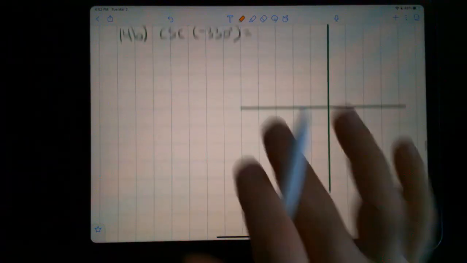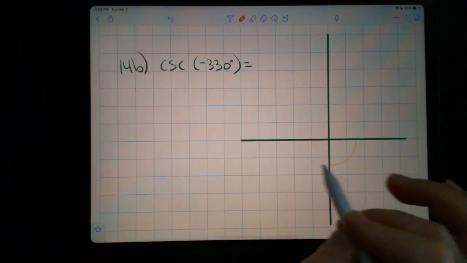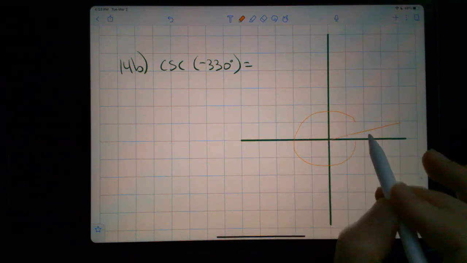Okay, cosecant of negative 330, so negative 330 is going to go in this direction all the way out to exactly 30.